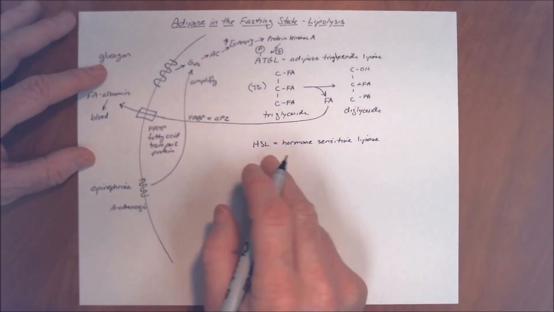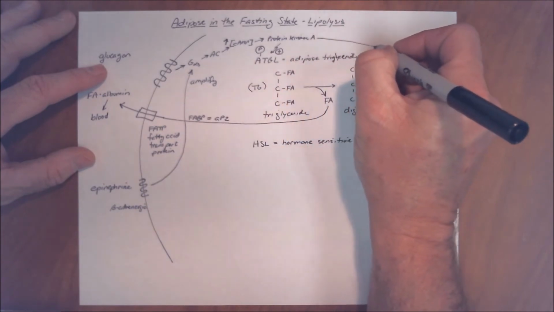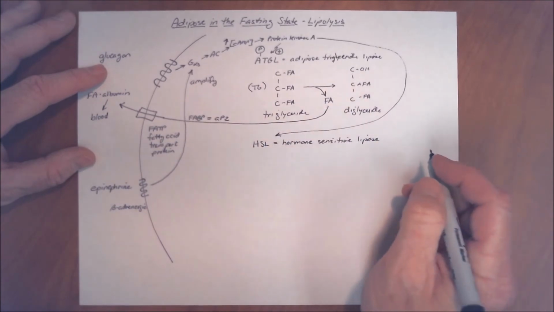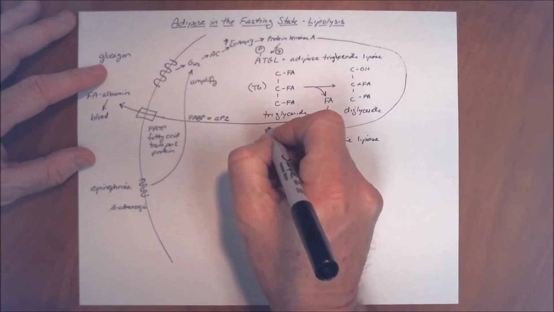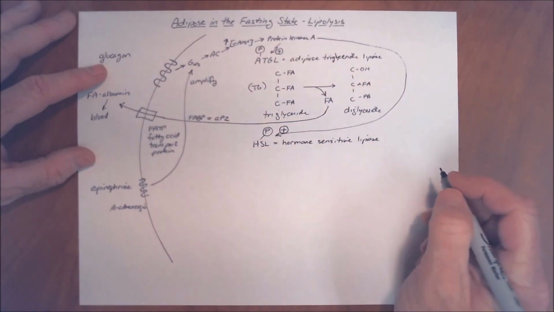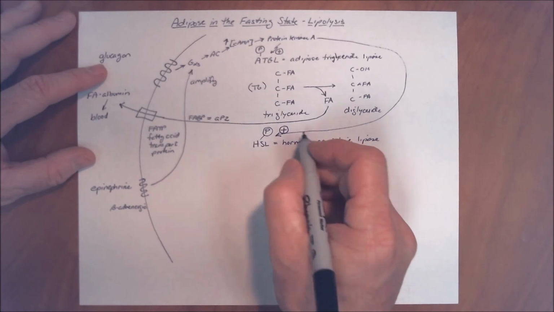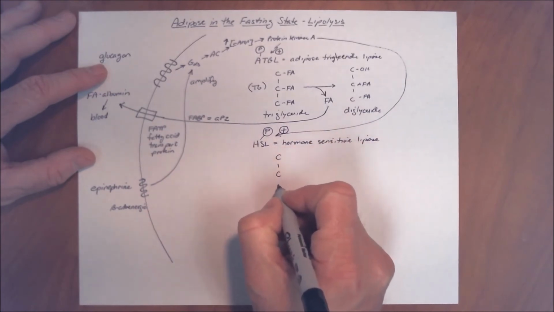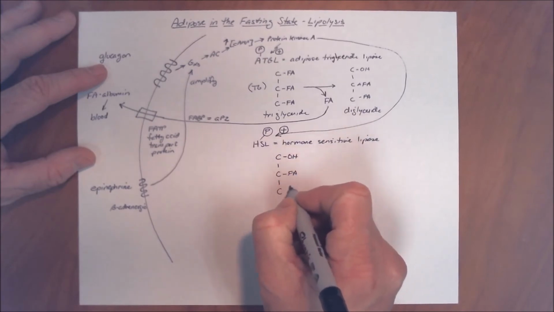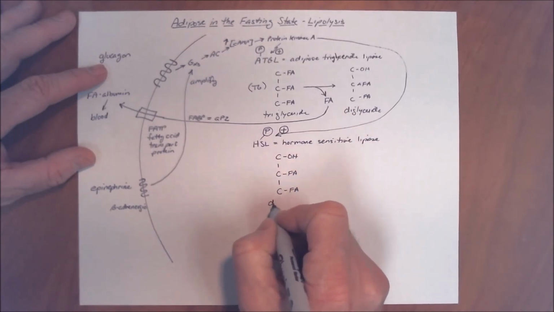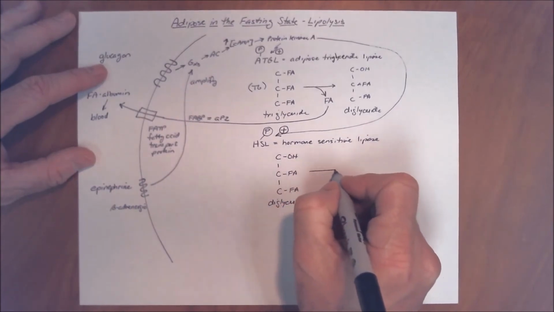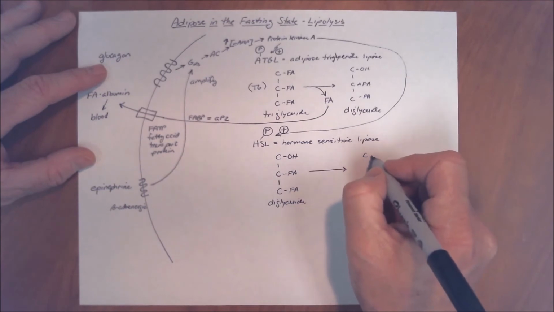Hormone sensitive lipase is also activated by phosphorylation by protein kinase A. This phosphorylation event serves to activate HSL, and the function of HSL is to take our diglyceride structure and convert this into a monoglyceride.